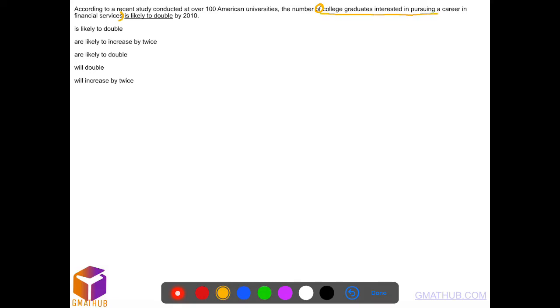So this is a prepositional phrase, remove it. Now the number of so and so is, okay, number is singular, so is is the right form, so are is out.